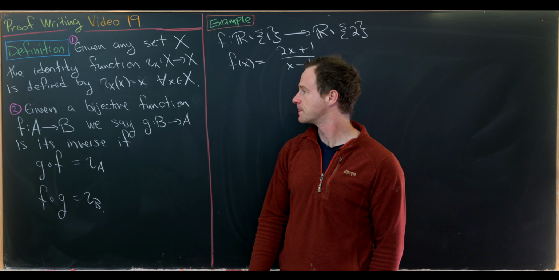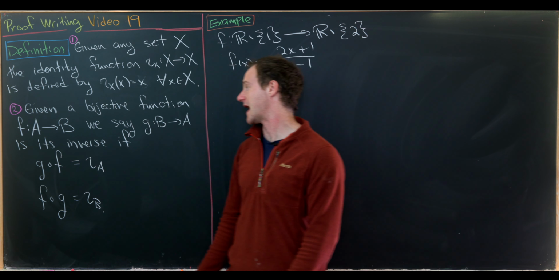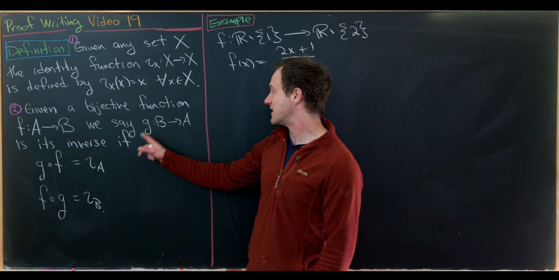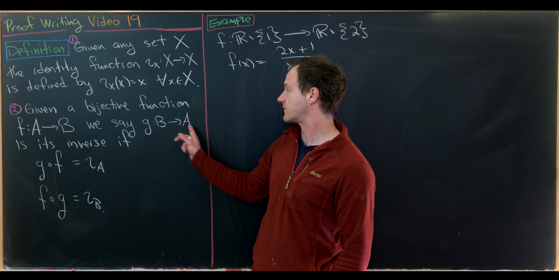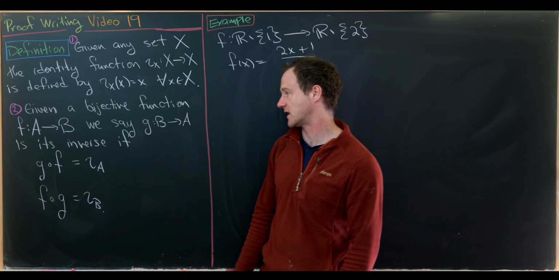Okay, that's cool. Then, given a bijective function f going from A to B, we say that this function g going from B to A is its inverse if two things are satisfied.